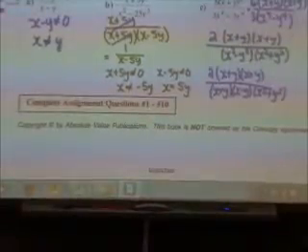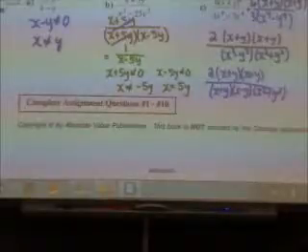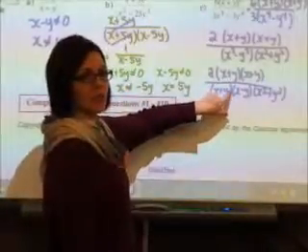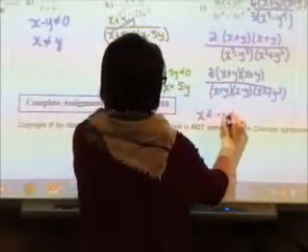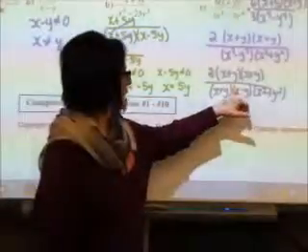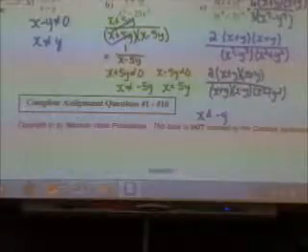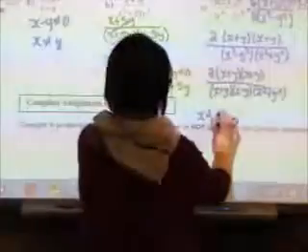So this time when I look at my restrictions, I have that x plus y can't equal 0, which means x can't be equal to the negative y value. I have x minus y can't equal 0, which means x can't be equal to a positive y.